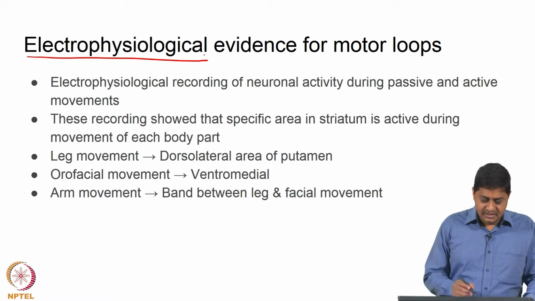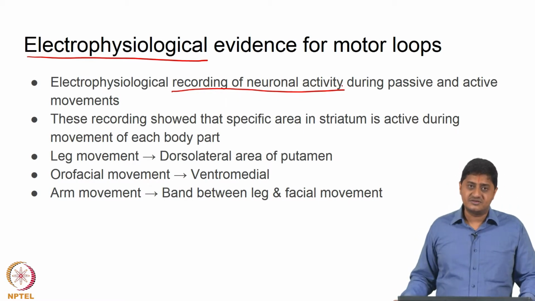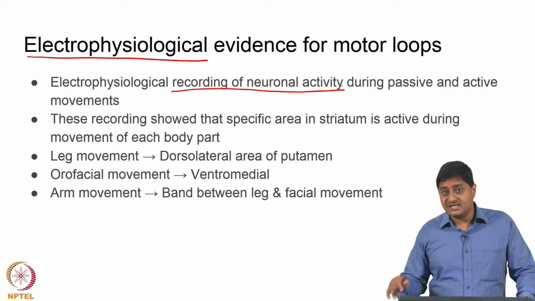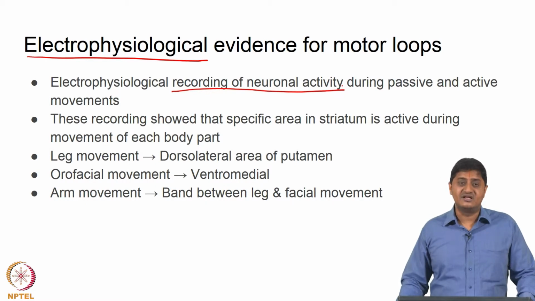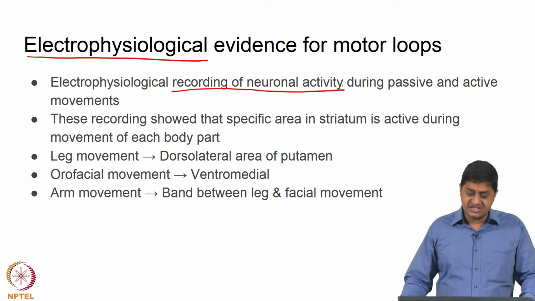So, what is done here in electrophysiology is recording of neural activity during passive and active movements, right. So, when the monkey's arm is moved passively by say a robot, what is the response in the basal ganglia, or when the monkey itself is volitionally making the same movement, what is the activity in a specific region within the basal ganglia, right. What this has shown is that specific area in the striatum is active during movement of specific part of the body.